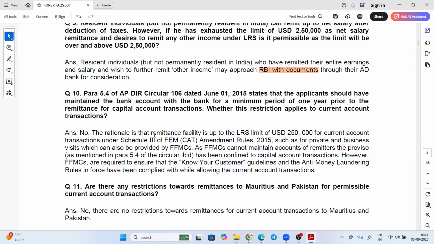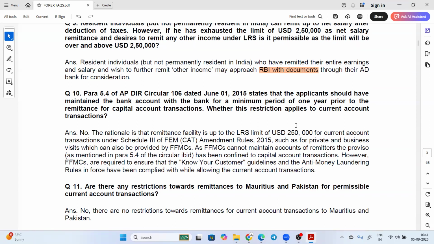No. The rationale is that the remittance facility is up to 2.5 lakh under LRS for current account transactions under Schedule 3 of the FEMA (Current Account Transactions) Rules, such as private visits, which we have already discussed. As FFMCs cannot maintain the account of a remitter, the provision has been confined to capital account transactions. However, FFMCs are required to ensure that KYC guidelines and anti-money laundering rules in force are complied with while allowing current account transactions.